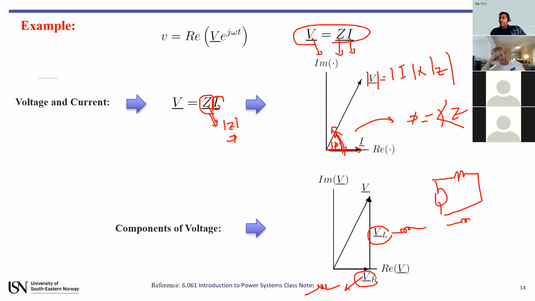If you have just the inductor in the power system, you don't have this part. When you have them together, you have both the real part and the imaginary part. Is there any question?